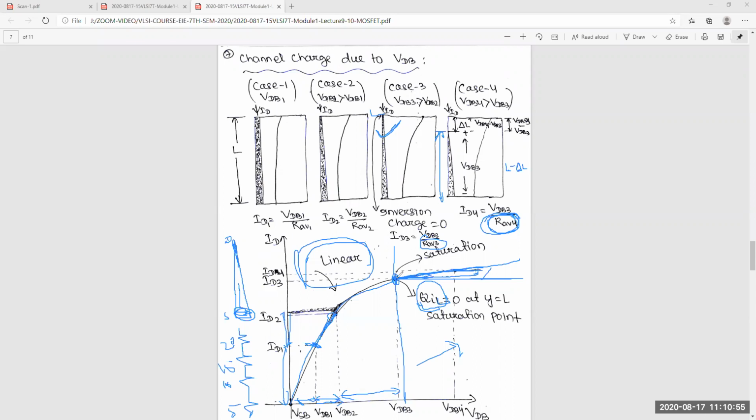Yes, exactly. For every particular device, a drain to source breakdown voltage is mentioned. Suppose for example we are using a 0.18 micrometer technology, a 1.8 volt transistor. The VDS maximum is 10% higher than that, which is 1.98 volts.